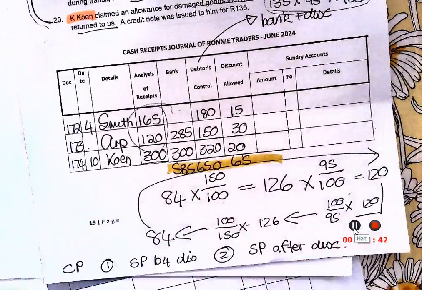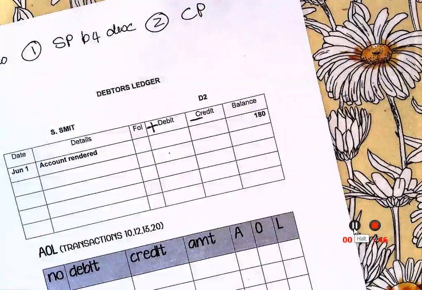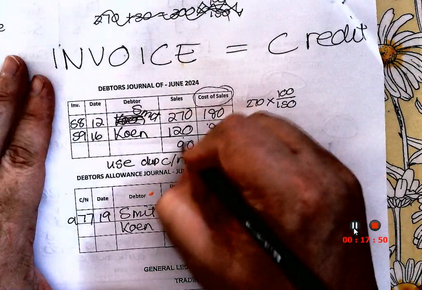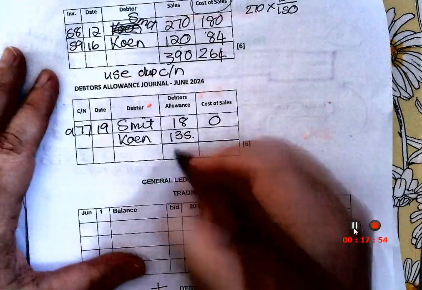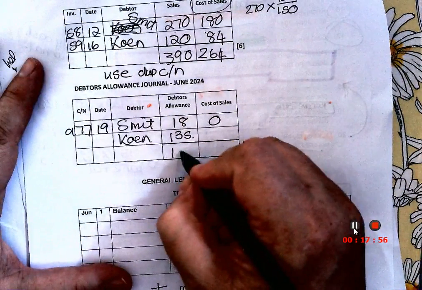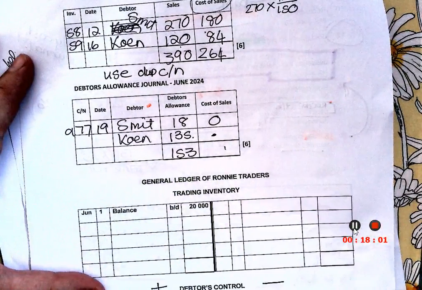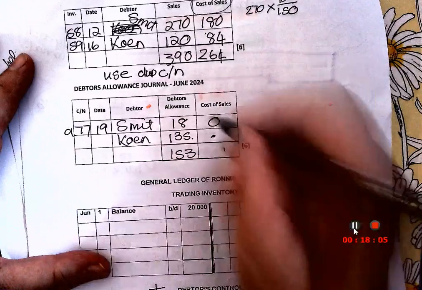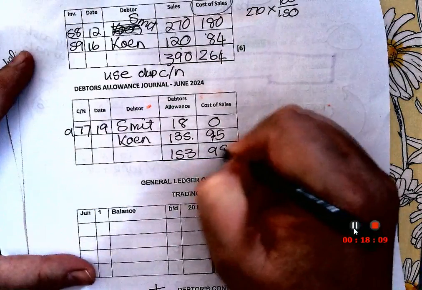See, there's the totals. Okay, if I total this one, gives me 093,462. This will be 153. And what was Kun's cost of sales? So it's 95, ne?